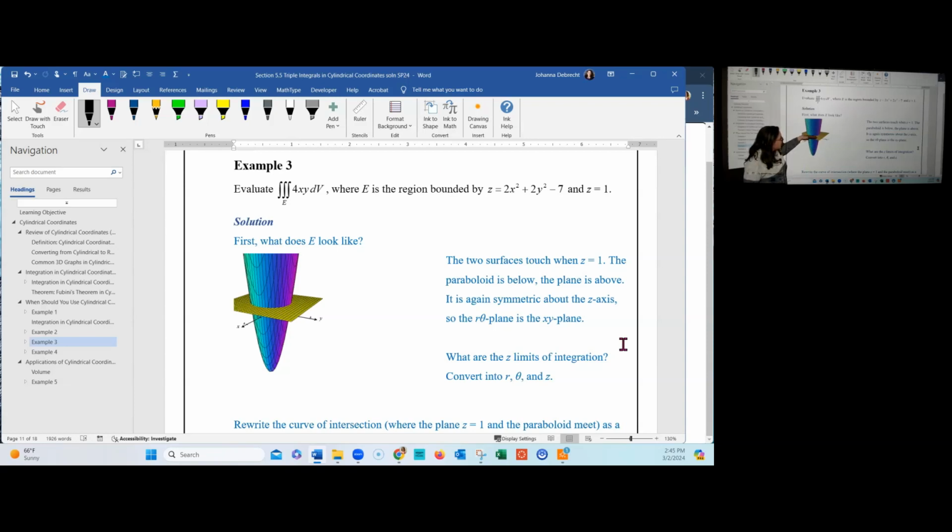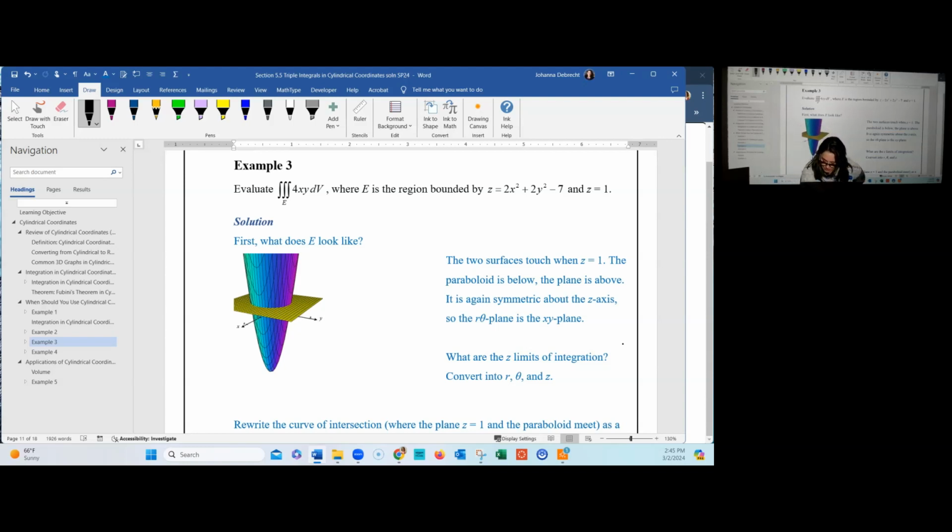The widest part of that solid is going to be where the plane intersects the paraboloid, which is when z is equal to 1. So we can look at this and tell that from the perspective of integrating with respect to z, on the bottom we have the paraboloid, and on the top we have the plane. We want to be able to write the limits of integration for z, but we will eventually have to convert them into something in terms of r and theta.